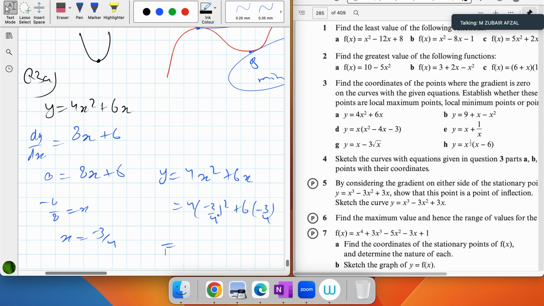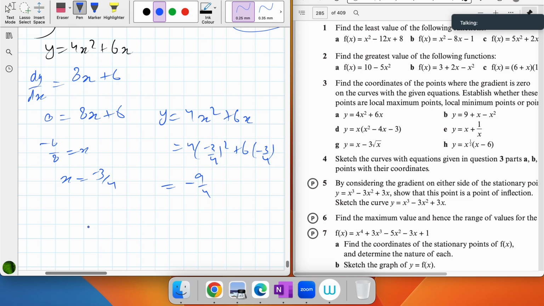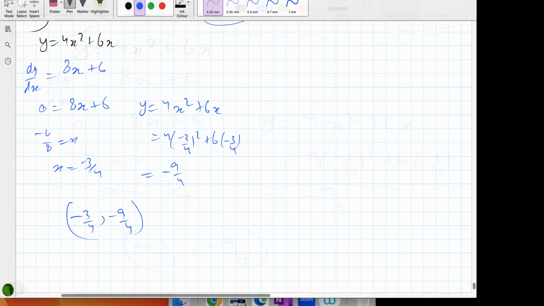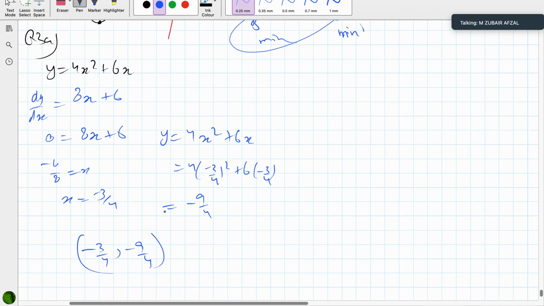Squared plus 6 into minus 3 divided by 4 gives minus 9 by 4. So this is minus 3 by 4 comma minus 9 by 4. Now we know that this is the turning point, and we know that this is a local minimum.